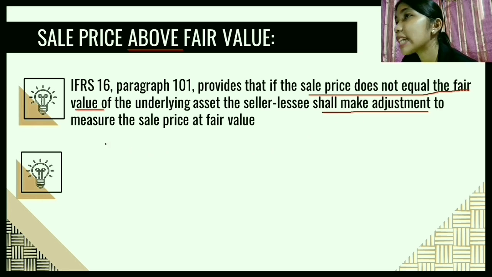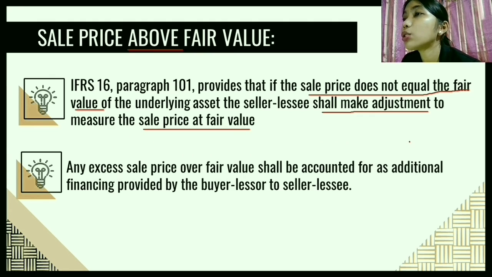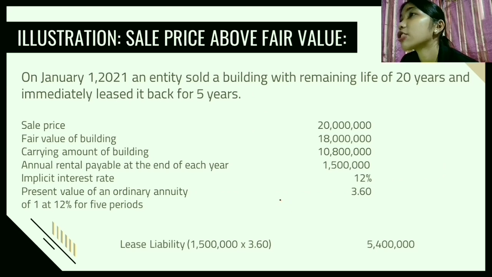So, there will be an adjustment for the sale price at fair value. Any excess of the sale price over the fair value shall be accounted for as additional financing provided by the buyer-lessor to the seller-lessee. The excess of the sale price over the fair value is accounted for as additional financing. So, to better understand, here is an illustration.